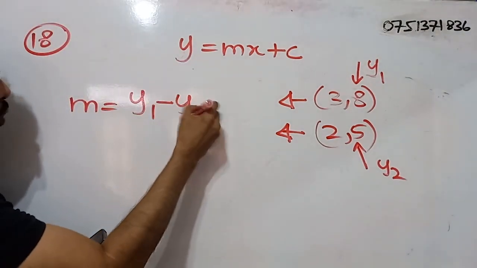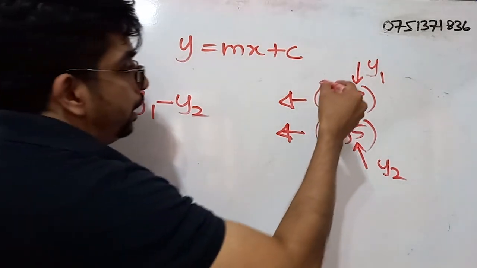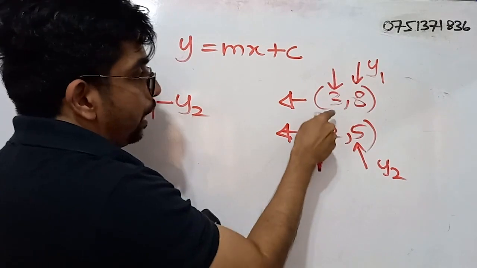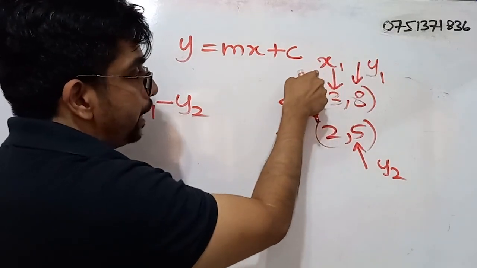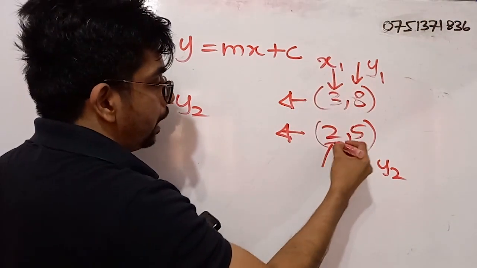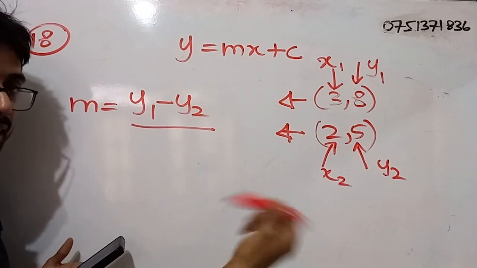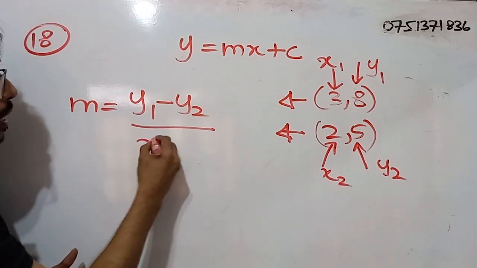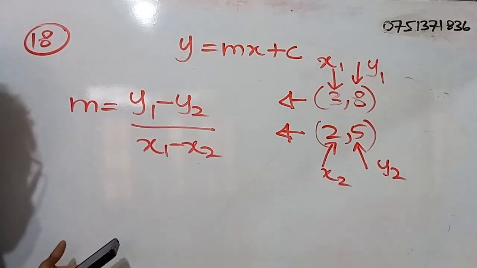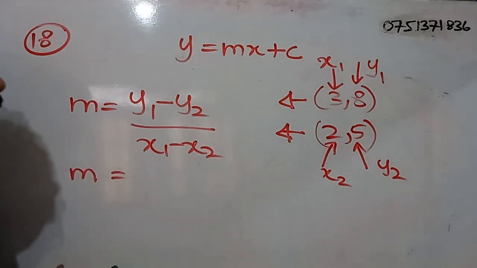Y1 minus y2, right? In the same manner, if this is x coordinate 1 and this is x coordinate 2, what will be the difference of the x coordinates? x1 minus x2, right?